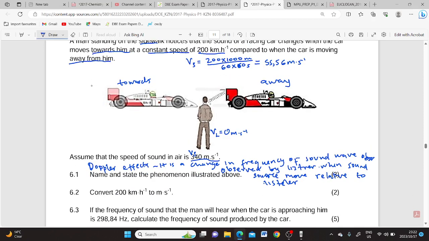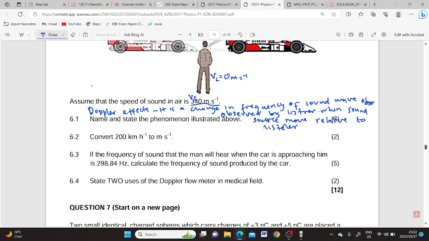Number 2, convert 200 kilometers per hour to meters per second. So we've done that here. So we can rewrite the answer here.